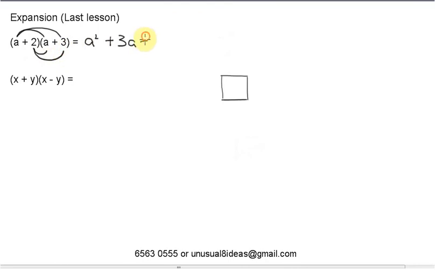So 2 times a will give us 2a, plus 2 times 3 is 6. So the answer we have is a squared plus 5a plus 6.